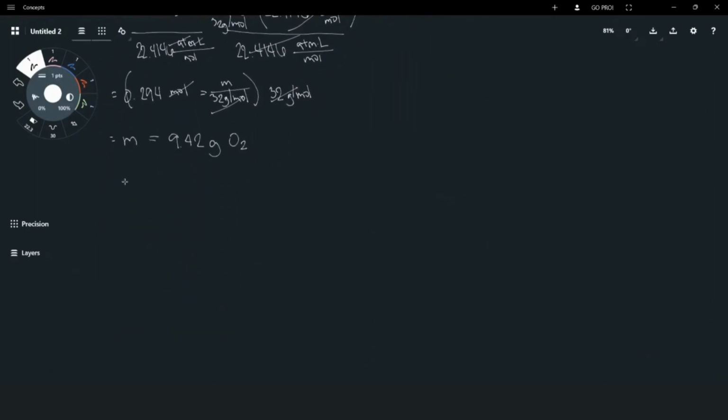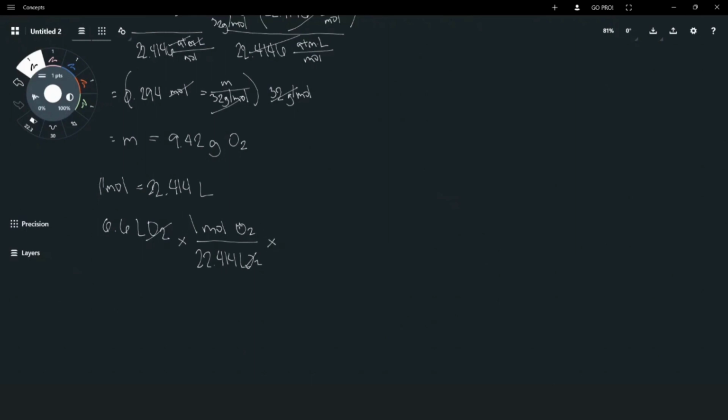Or we can use another method of converting liters to grams, which involves using the conversion factor of 1 mole equals 22.414 liters at standard temperature and pressure. In this case, we have 6.6 liters of oxygen gas, and we multiply that by 1 mole of oxygen gas over 22.414 liters of oxygen gas, and cancel the units.